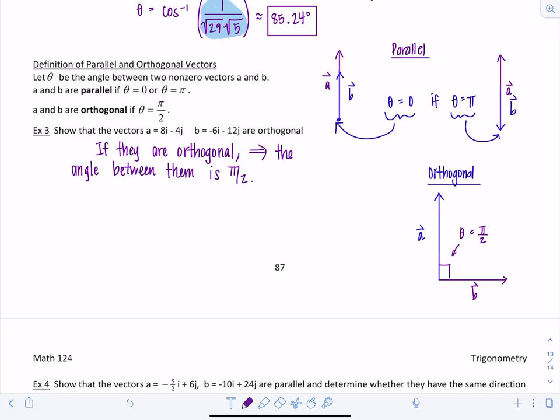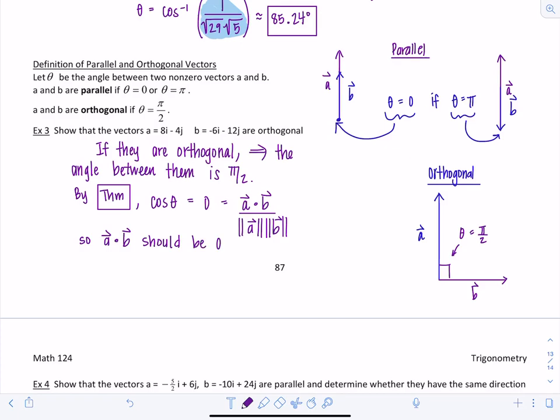And we have our theorem. So by our theorem, cosine of theta, which is the angle between them, would be 0, which is what their dot product should equal, right? I don't have to worry about dividing by the magnitude because both of these vectors are non-zero. So their dot product should be 0.